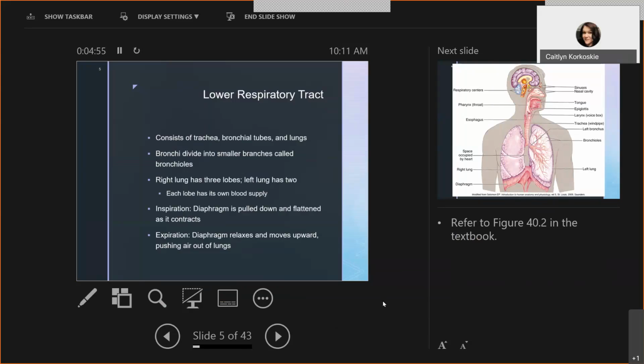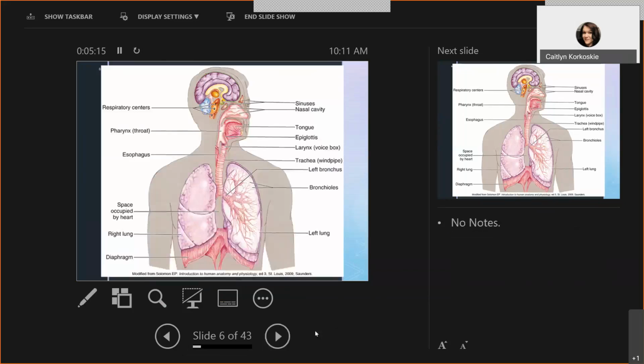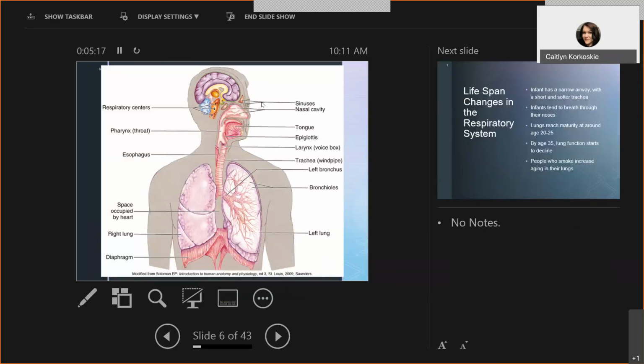Inspiration is when the diaphragm is pulled down and flattened as it contracts, and expiration is when it relaxes and moves upwards. So basically, breathing in, your lungs expand, and breathing out, they contract and don't take as much space. So this is all connected here.